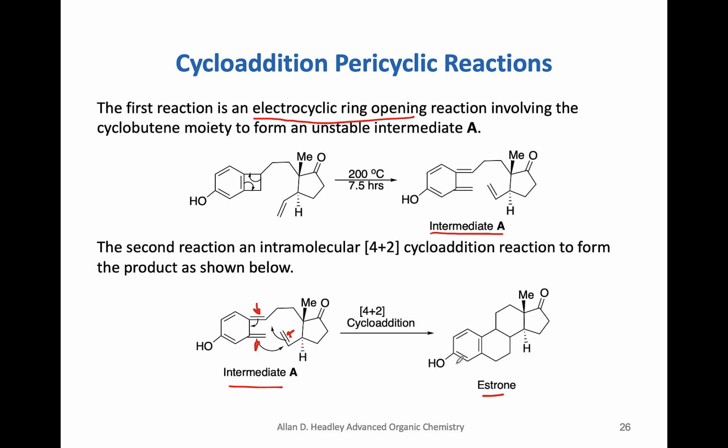So they're very useful in forming 6-membered rings. And of course, as you know, in nature, a lot of the natural products are in fact 6-membered rings. So that's why these reactions are so important in chemistry.